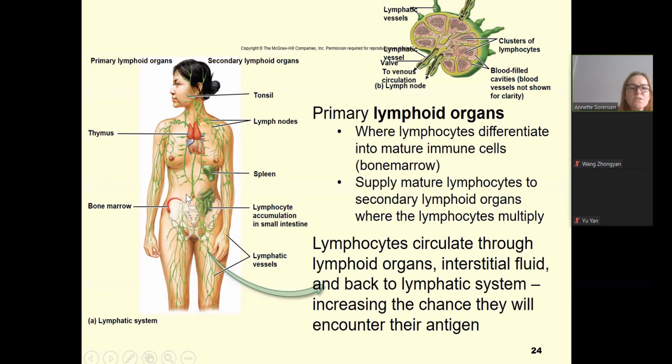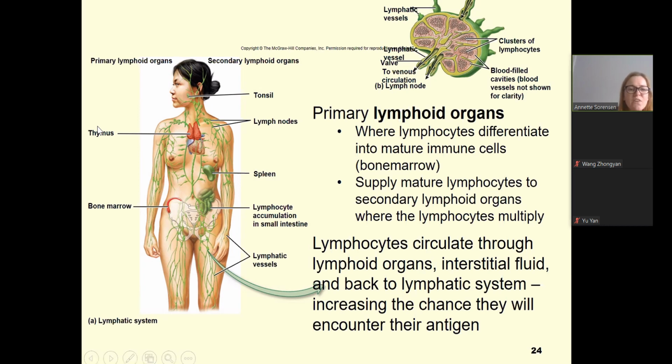This is where the hematopoietic stem cells are found, differentiating into these mature lymphocytes in the bone marrow. And these are then supplied to these secondary lymphoid organs.